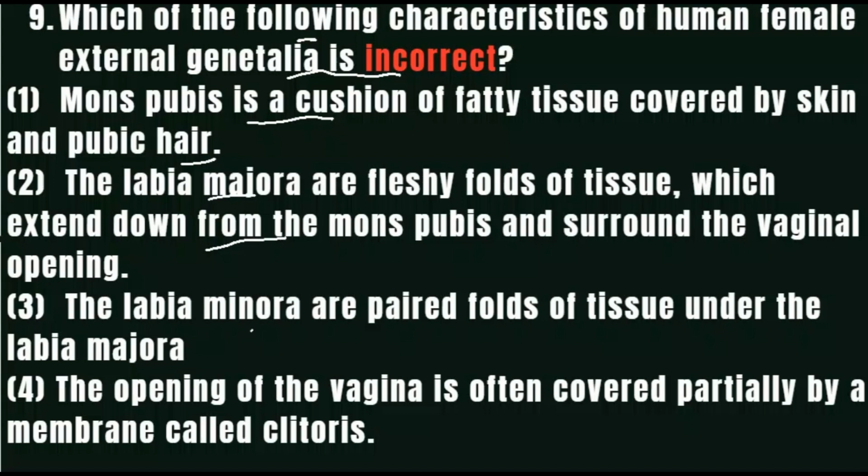Option 3 says the labia minora are paired folds of tissue under the labia majora. And option 4 says the opening of the vagina is often covered partially by a membrane called clitoris.